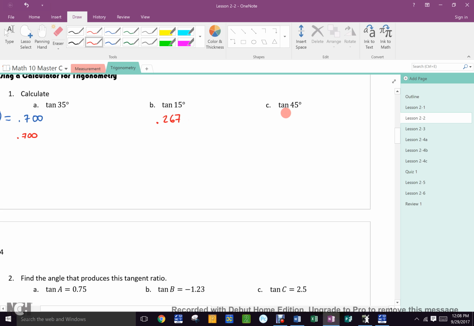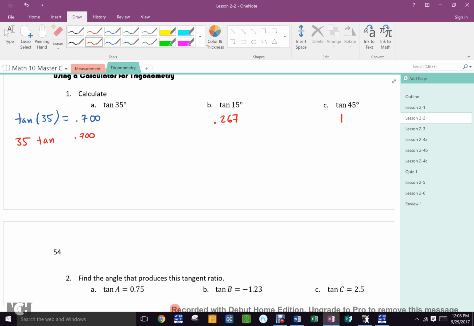Is everybody good? Okay. Now, we know that the tangent ratio compares the vertical leg of... Yes, Riley? It works for this question. It's like it's a different model.